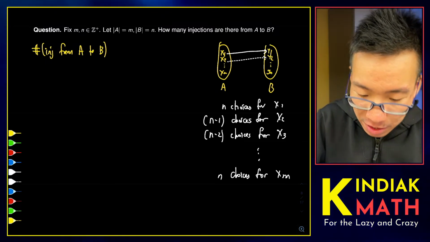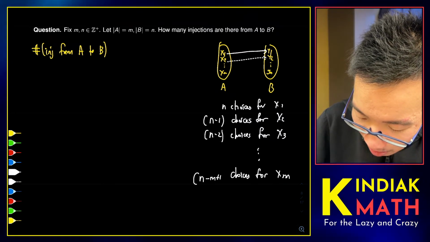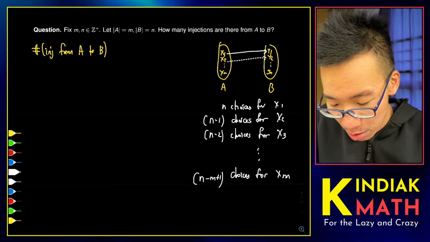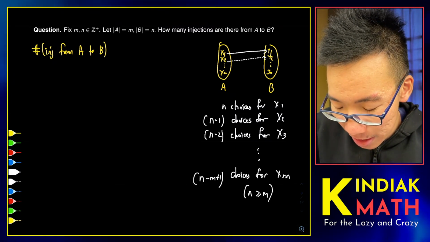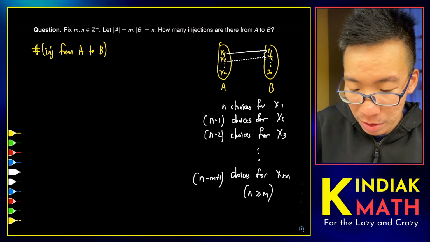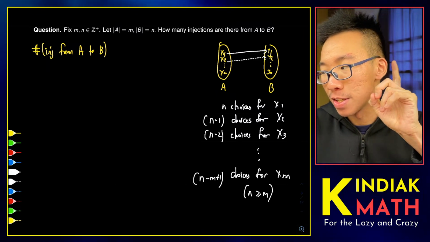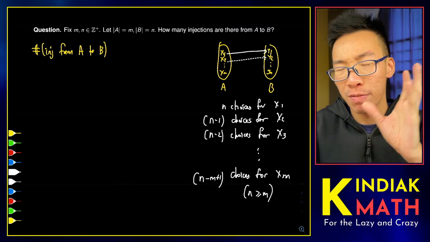Repeating the process, you're only going to get n minus m plus 1 choices for xm, and we are still working with an assumption over here that n is bigger than or equal to m, right? And we'll need to come back to this in just a moment, because what happens if n is less than m?